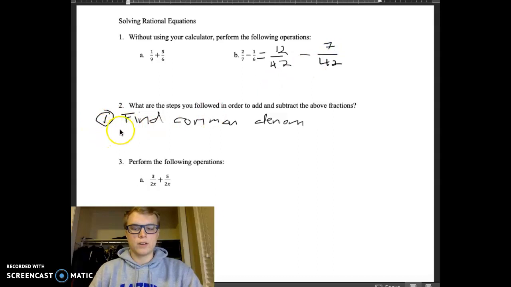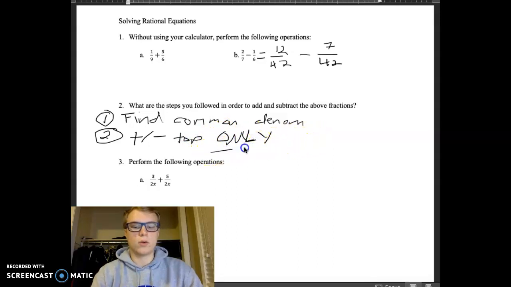Okay? So then our second step is to add or subtract the top only. We leave the bottom alone.